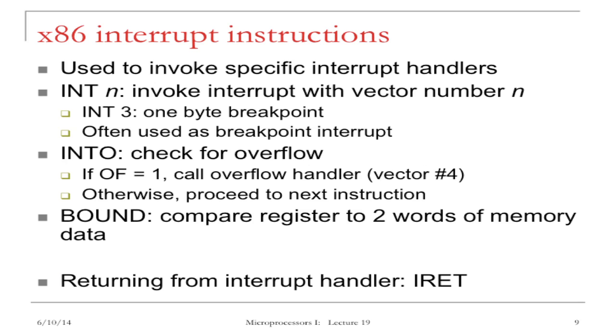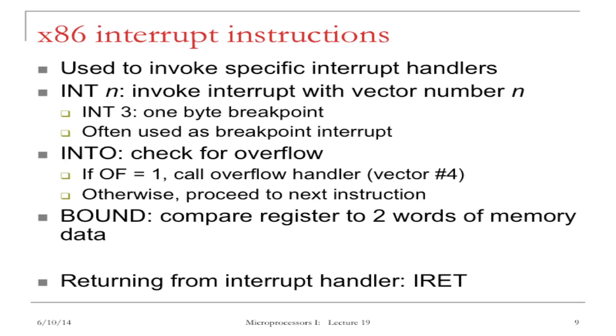x86 also has a number of interrupt instructions. They are used to invoke specific interrupt handlers. For example, int n is an instruction to invoke interrupt with vector number n. For example, int 3 is a 1-byte breakpoint instruction, and this can also be used as a breakpoint interrupt for debugging your programs.